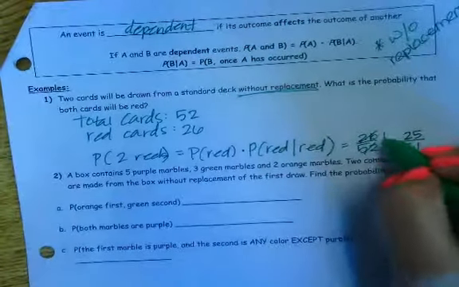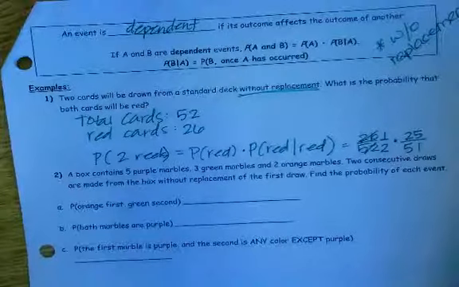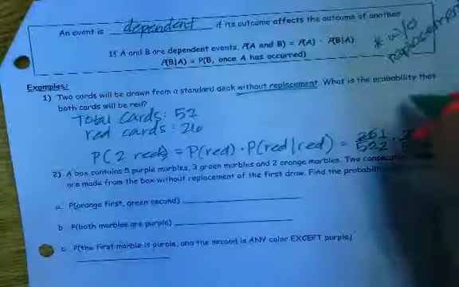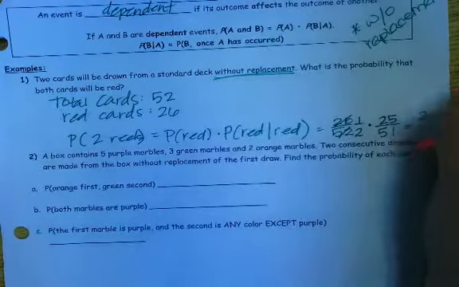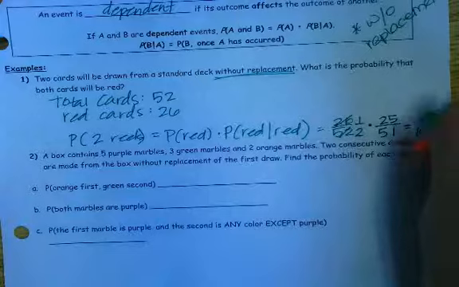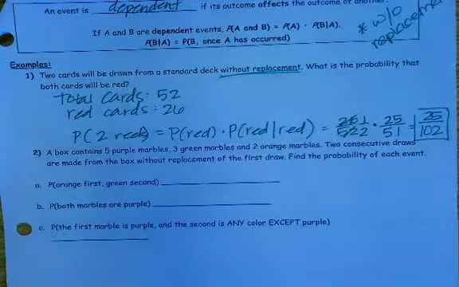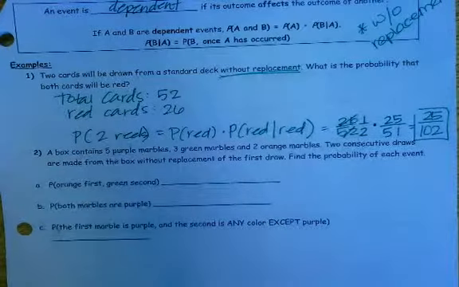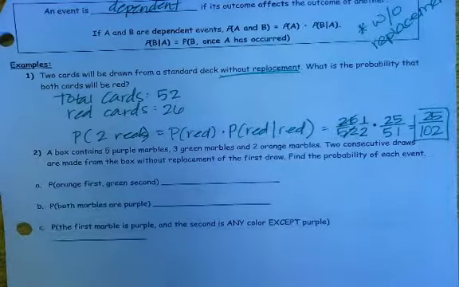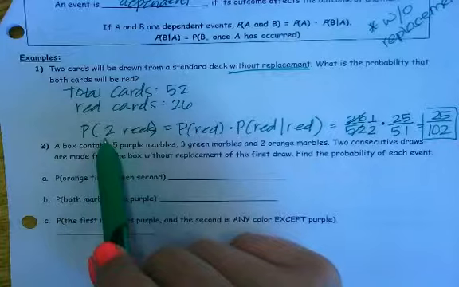So what would be the probability? 25 over 102. So 51 times 2 is 102. Yes. Because that's what I'm trying to figure out, that both of them were red. It says, what's the probability that both cards will be red?